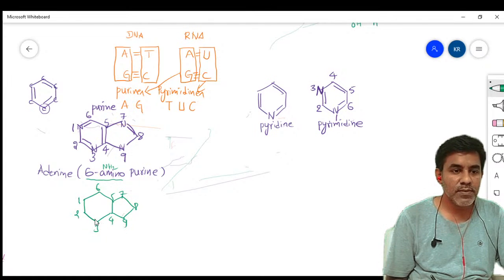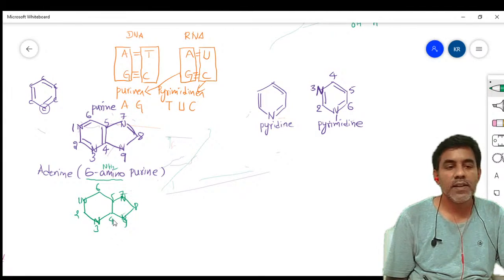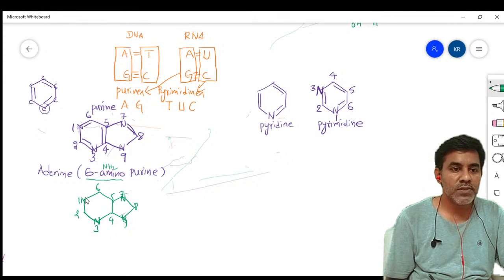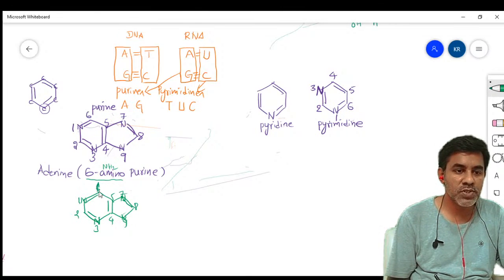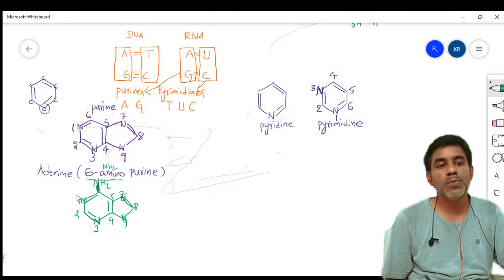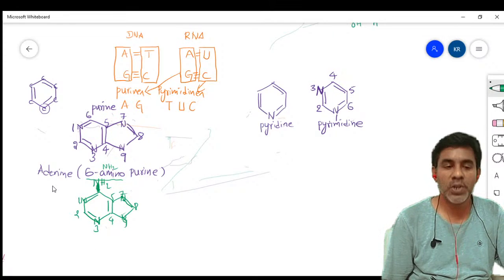The next task is placement of nitrogen atoms, here and here, here and then here. Next, to stabilize the bonds, first bond, second bond, third bond, and here is the third one. Sixth position means this is the position. Here you have to write NH2. Now this molecule is nothing but the adenine molecule.